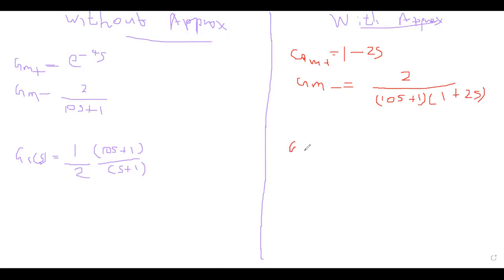GCS, you get 1 plus 2s. You flip this around, 1 plus 2s, 10s plus 1 divided by 2. This 2 comes down. Tau d s plus 1. So tau d is equal to 1. So we get s plus 1. Since this is second order, the numerator is second order. To make it a proper system, we make it square.